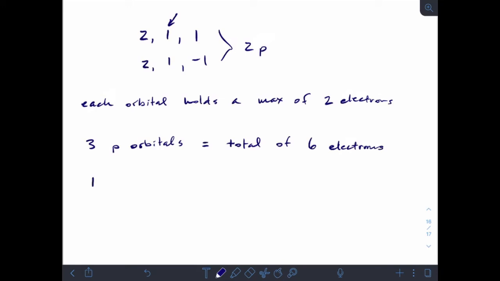Right? There's 1 s orbital. There's only one orientation for s orbitals because it's just a sphere. So a total of 2. Right? There are 5 d orbitals. Total of 10.